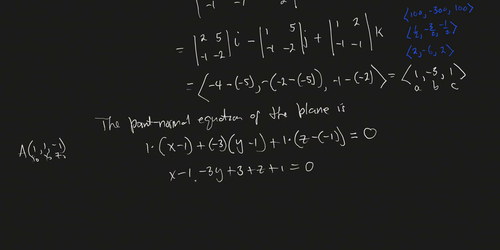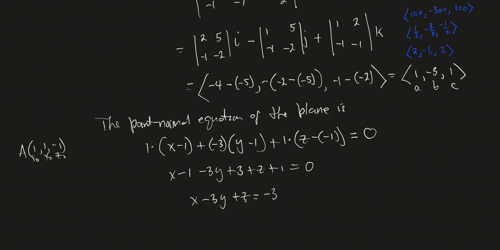What I'm about to write down is another standard way of writing the equation of a plane, where you keep all the variables that are present on the left-hand side. So you have x minus 3y plus z, and then you move all the constants to the other side. So let's figure out what the constant is. Well, we're left with a constant of a plus 3 on the left-hand side. If I move it to the right, then it becomes a minus 3. So this is another typical way that the equation of the plane can be given.